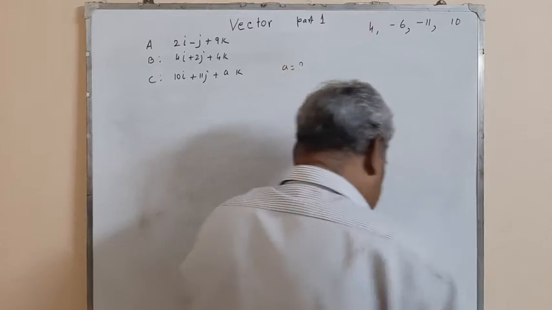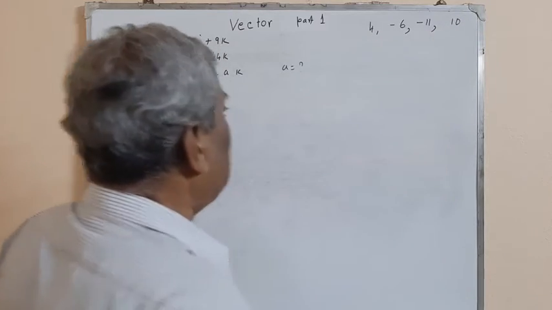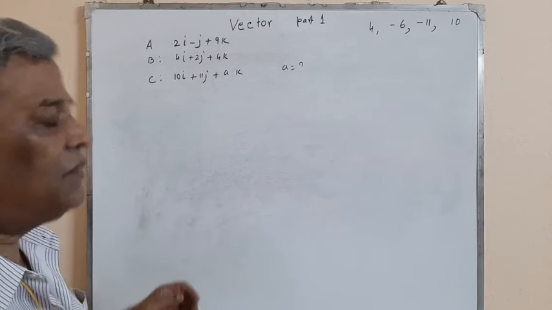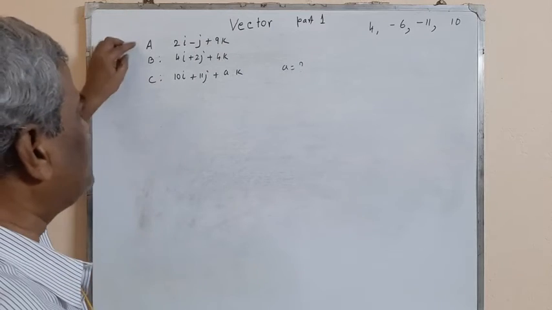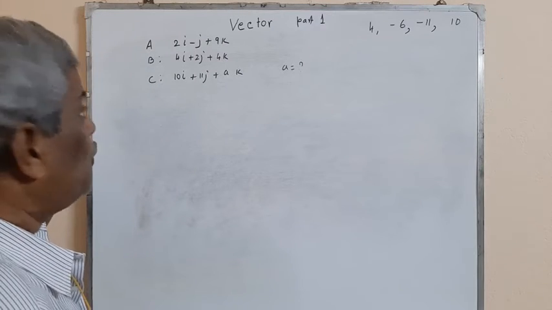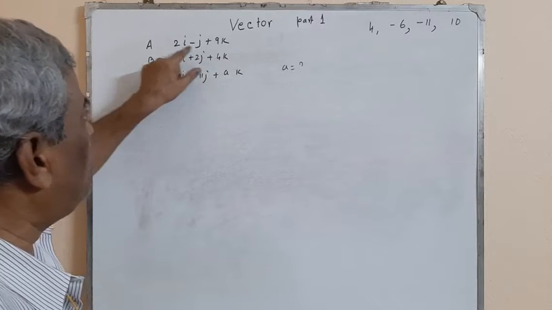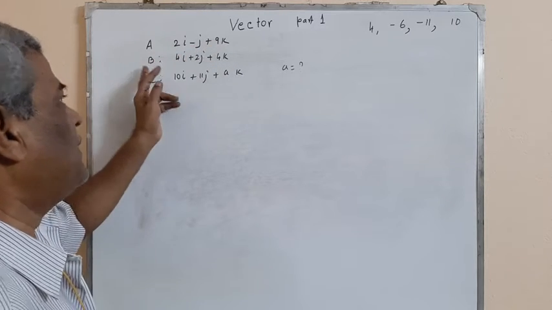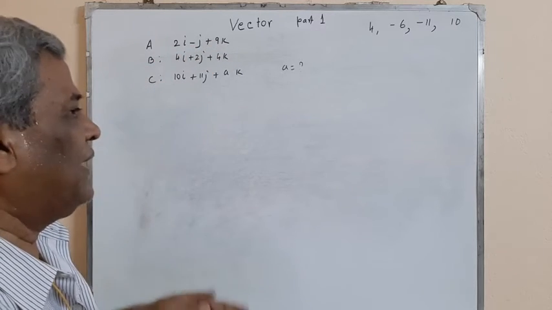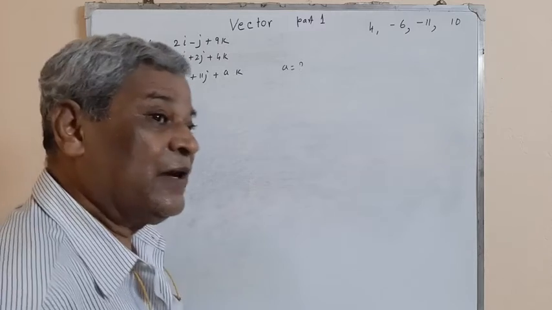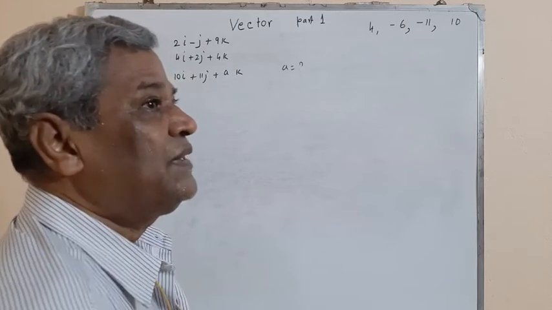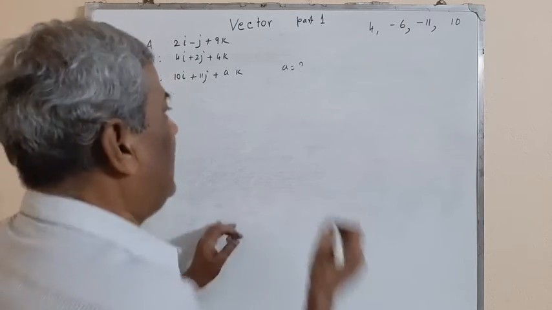These are the options. What is the question? Now we are given position vectors of 3 points A, B and C. That is, the coordinate of A is 2, minus 1, 9. Similarly, that of B and C we are given. Given that they are collinear, means they lie on the same straight line.